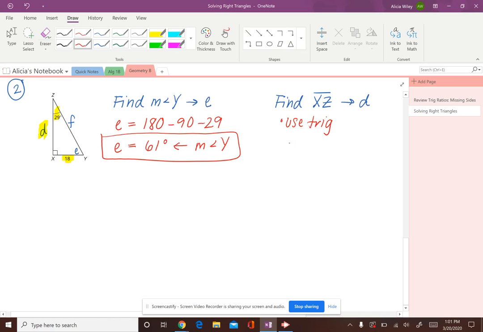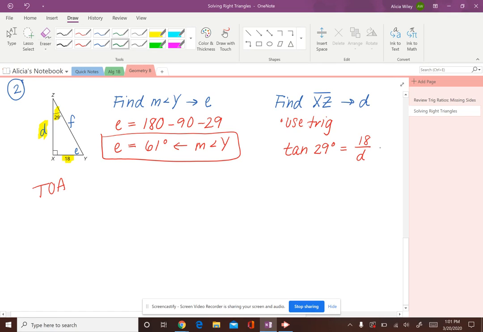So I'm going to again use tangent, but this time it's tangent of the angle, and we know the angle, it's 29. Setting up your ratio, remember that it is opposite over adjacent, TOA, right? So we're using the TOA part. And so it's going to be 18 over D.